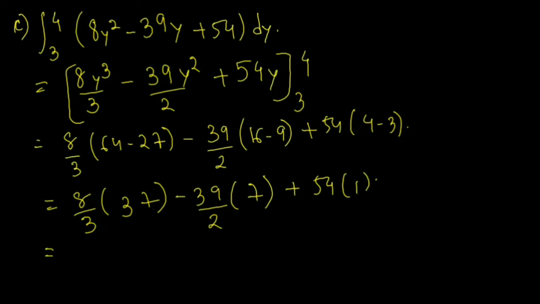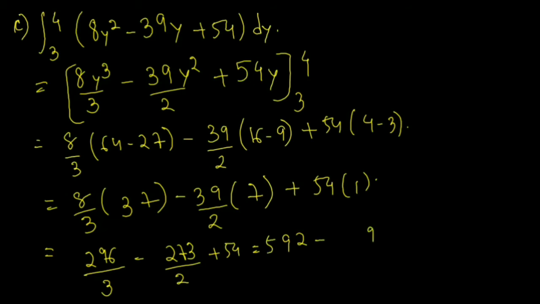Now this is equal to 296 by 3 minus 273 by 2 plus 54, which is equal to (592 minus 819) by 6, plus 54.